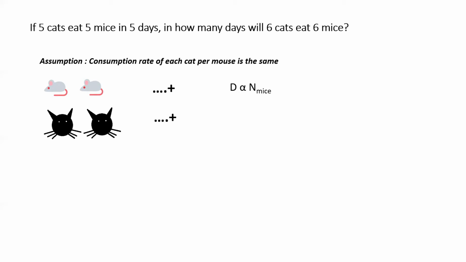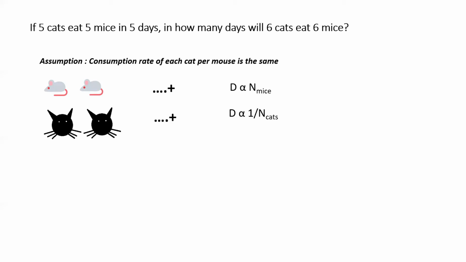So as we increase the number of cats, the number of days goes down. In terms of proportionality, we can write that the number of days is inversely proportional to the number of cats. So if the number of cats increases, for the same number of mice, the number of days will decrease. That's the inverse proportionality, which is why you see 1 by N cats.